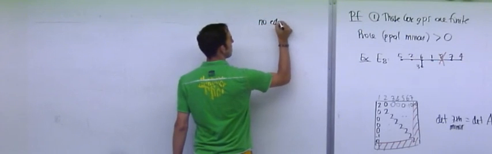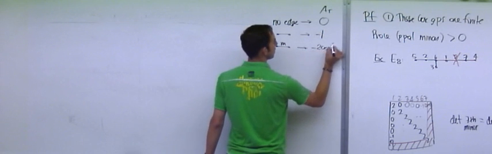So let me remind ourselves that no edge means you have an entry of 0 in A gamma. An edge like this looks like a 1, minus 1. And an edge like this looks like minus 2 cosine of pi over n. And in the diagonal, we always get 2's.